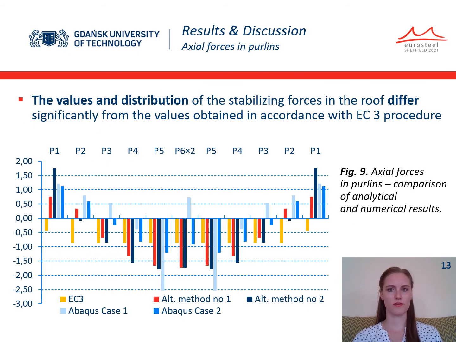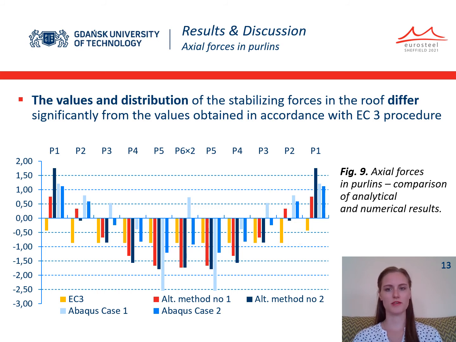Values of the axial forces in purlins obtained in analytical and numerical analysis are presented in Figure 9. The results confirmed the literature-based outcomes achieved for bar bracing, that the values and the distribution of the stabilizing forces in the roof differ significantly from the values obtained according to the Eurocode procedure.